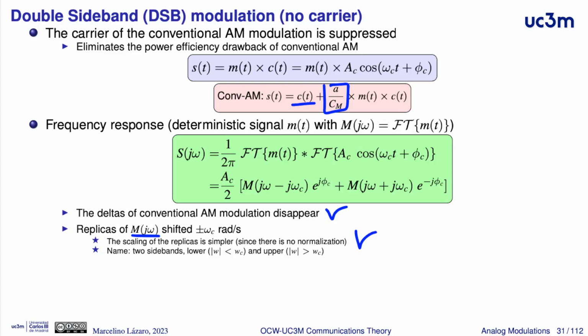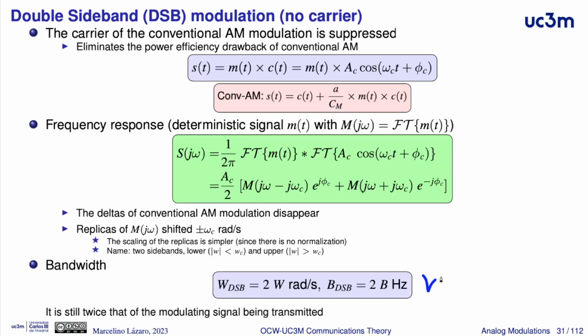And again, we have two sidebands, and as for a conventional amplitude modulation, the bandwidth of a double sideband modulation is twice the bandwidth of the modulating signal, twice W radians per second, or 2 times B in hertz, but twice the bandwidth of the signal that is transmitted.